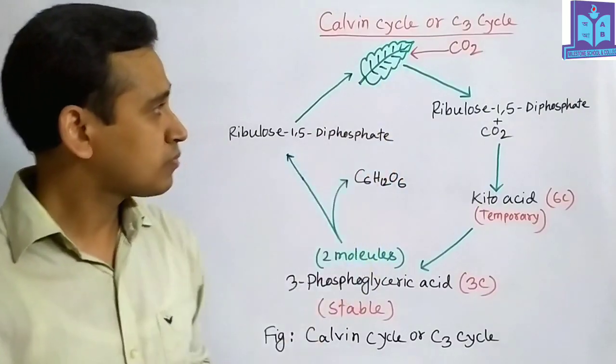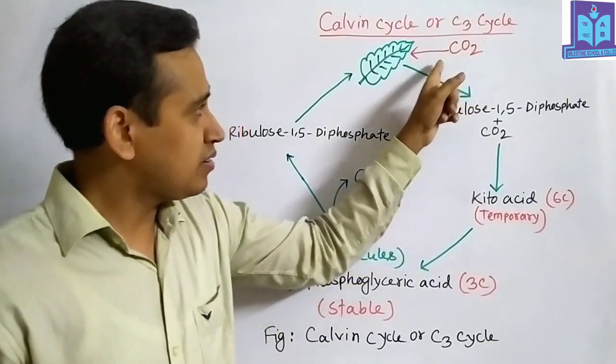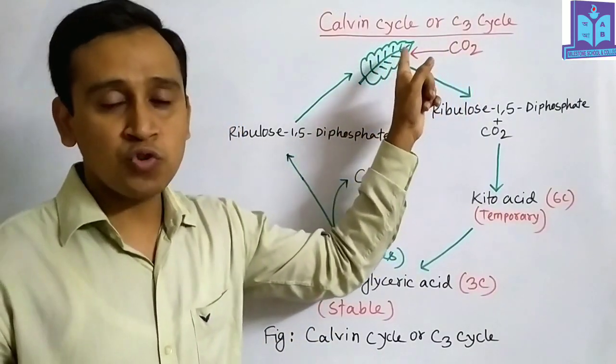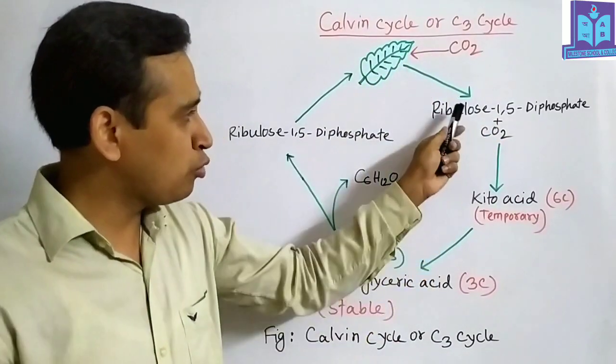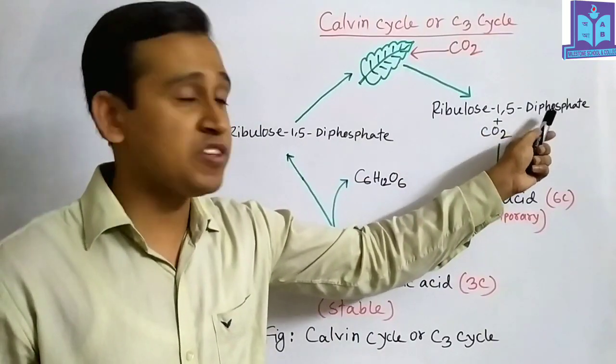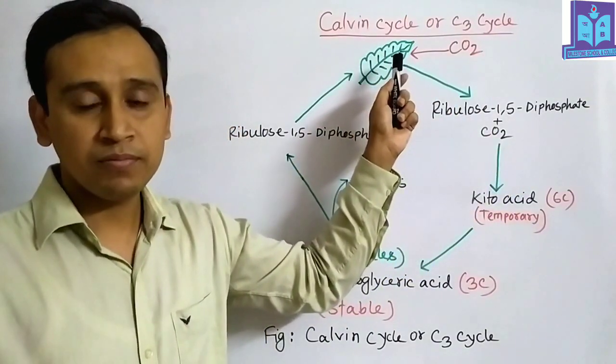Look at the board. Carbon dioxide enters into leaves through stomata, and ribulose 1,5-bisphosphate is present in leaves.